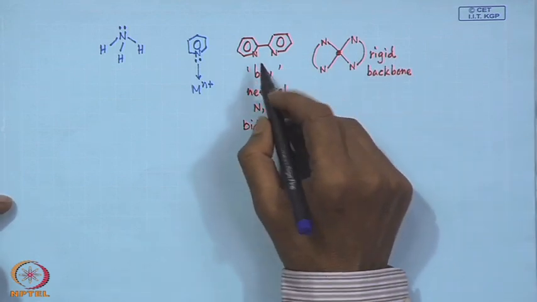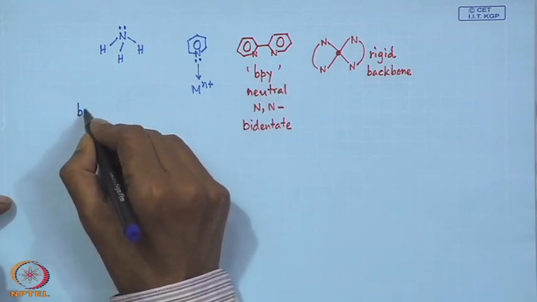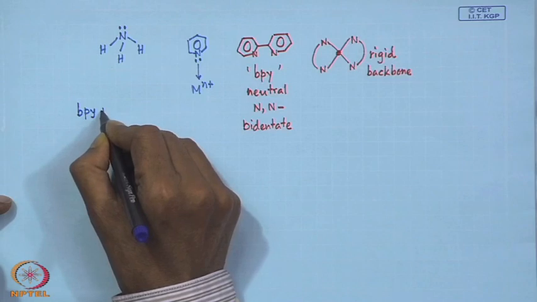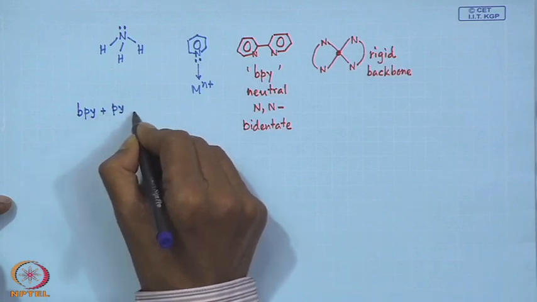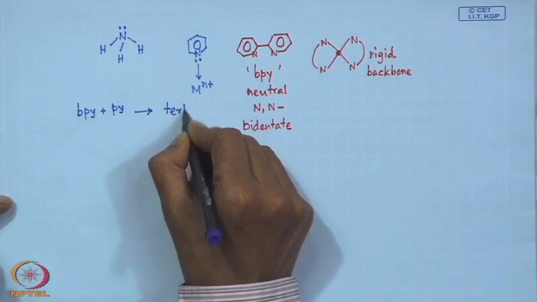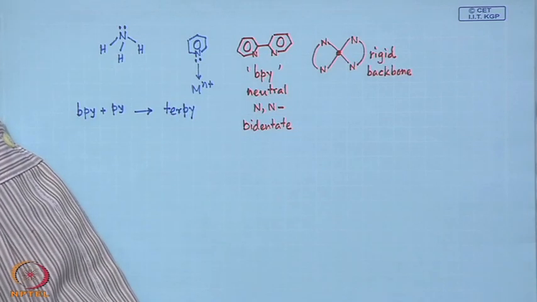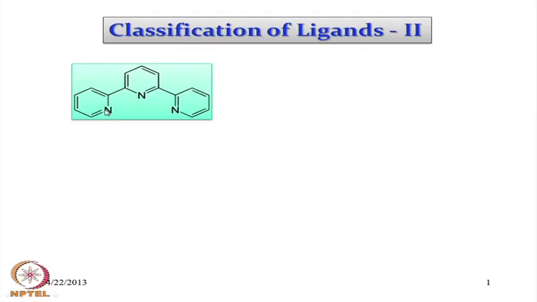Similarly, if we go for the third one, that means BPY backbone plus another PY, we get the ligand known as terpyridine. This is our terpyridine ligand, where we can have 3 nitrogen donor atoms which are close to each other.